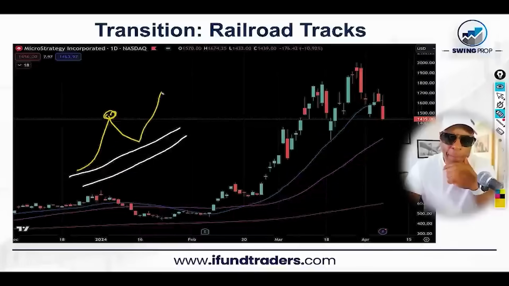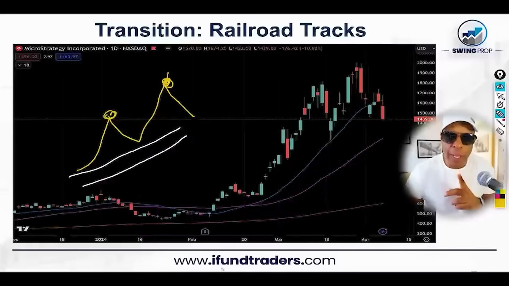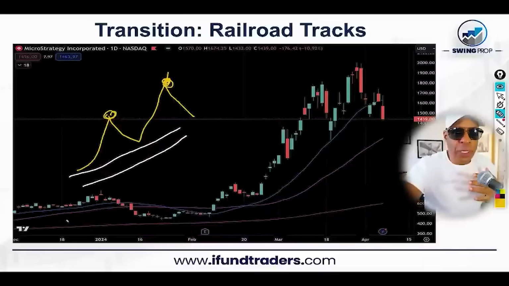Swings nicely, overbought zone, pulls back. This is a very good swing trading stock formation where you get the sharp swings away and pull back, sharp swings away and pull back.